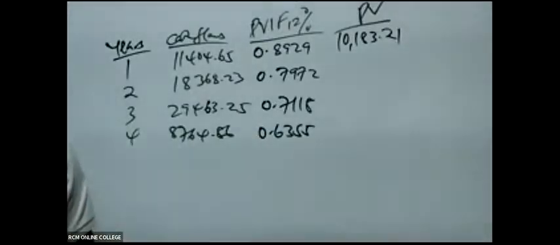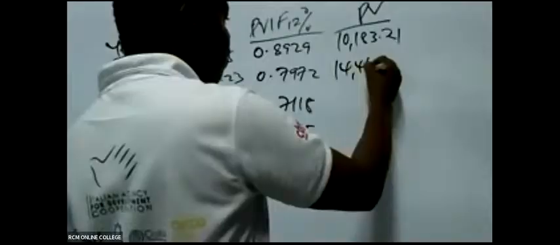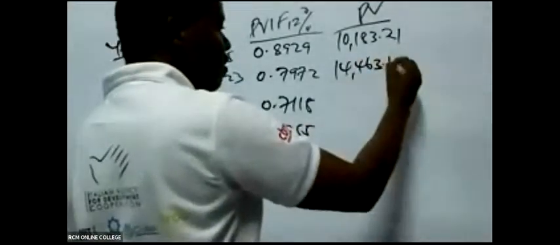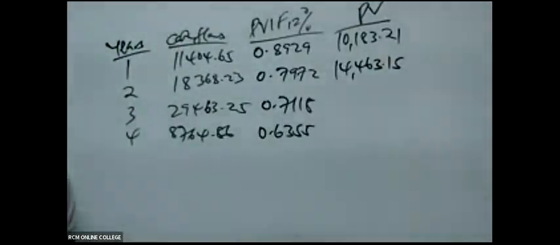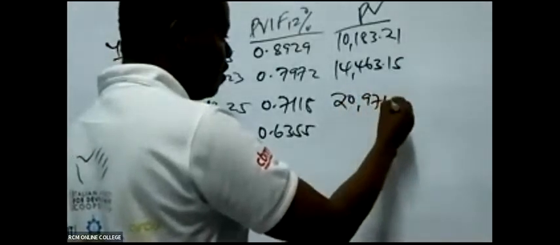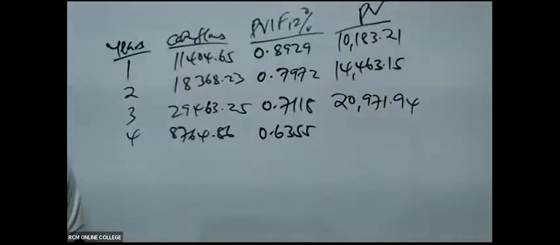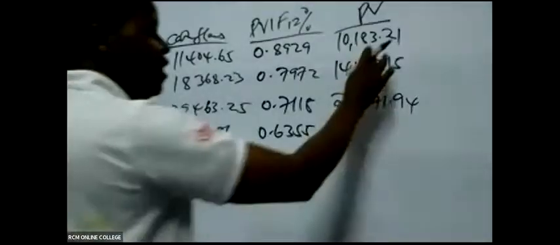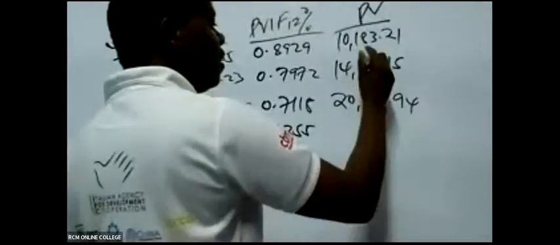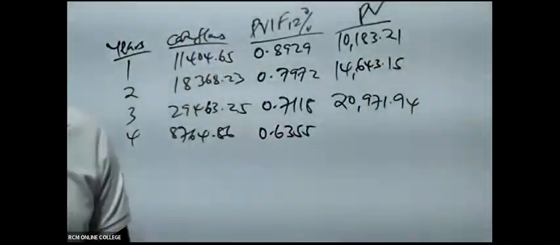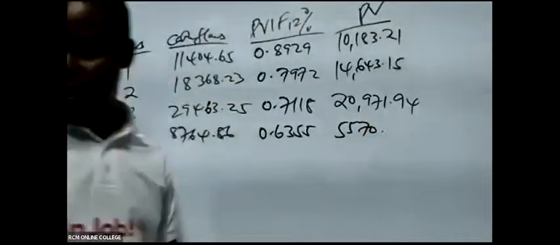Year 2, 14,463.15. Year 3, 2,971.94. Year 4, 5,570.07.